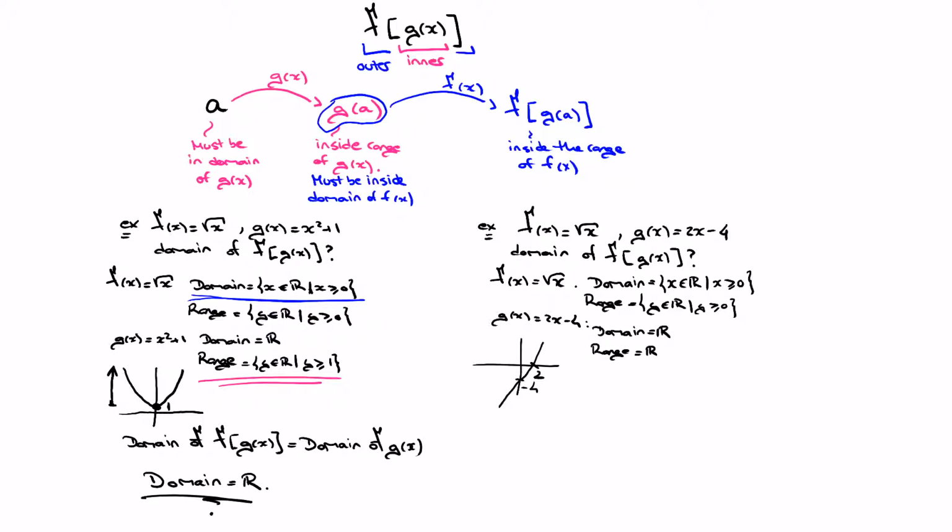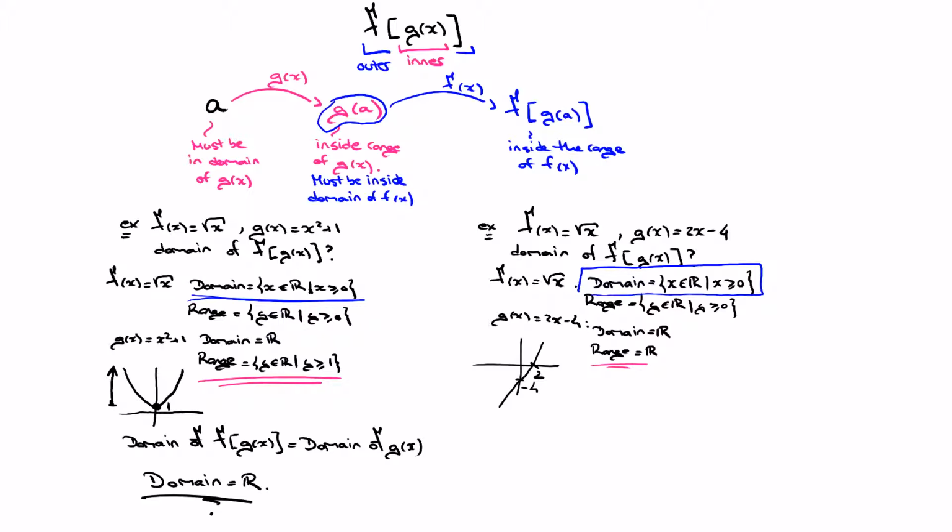Now that we've done this, we need to look into whether or not there are any values inside the range of the inner function, which is all real numbers, that fall outside of the domain of the outer function, which is all values greater than or equal to 0. And now we quickly see that there are quite a few values inside the range of the inner function which fall outside of the domain of the outer function.